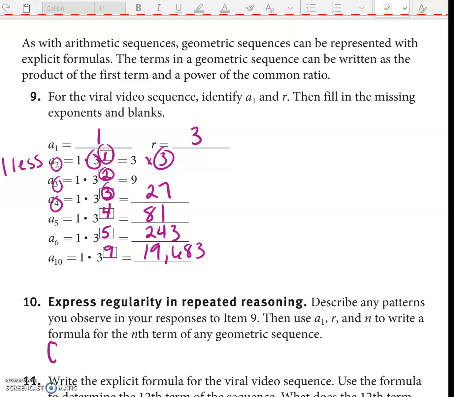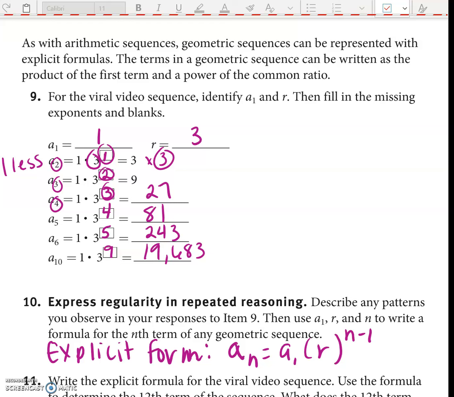So your explicit formula for a geometric sequence is a sub n equals, you always have your first term times your common ratio to the n minus 1, because it's 1 less than the term number that you are on.